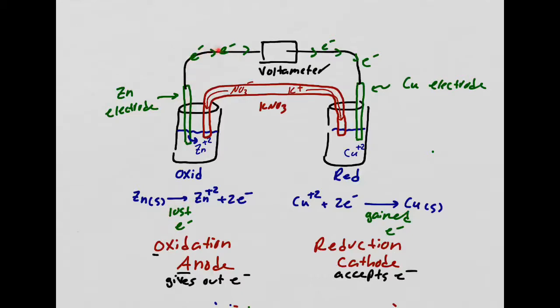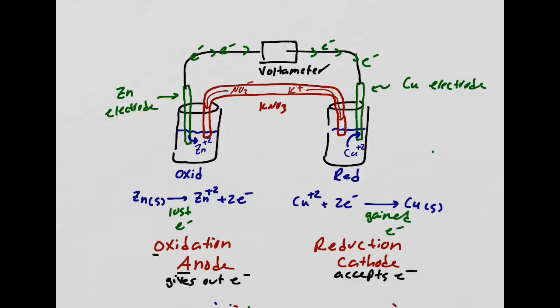Those 2 electrons are going to travel towards the cathode, and when the electrons get here, the copper plus 2 is going to get those electrons and become copper metal. So they're going to jump onto the electrode into the solid state, and you can see it as a deposit on there.